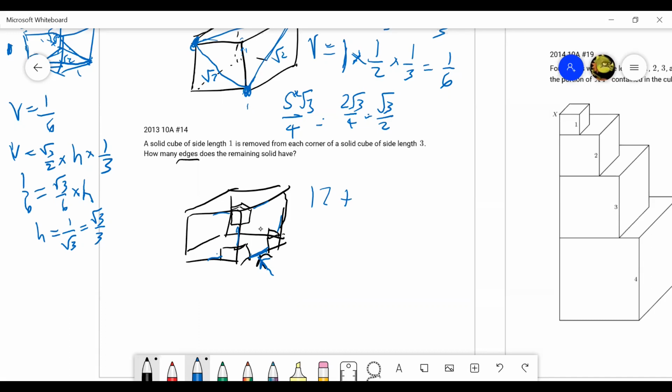So on this face you have 1, 2. If we look at just one face, for one unit cube you'd have 1, 2 extra edges here. And this applies for all 3 faces that this unit cube takes away from.